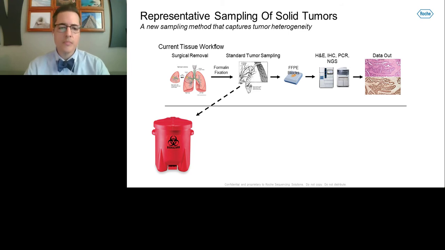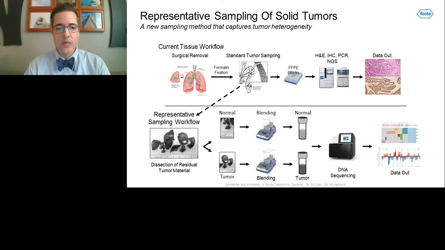A really important point here is that the samples that we are homogenizing consist of the residual tumor tissue that is not incorporated into FFPE blocks. We are not using FFPE blocks. We are using the stuff that gets put into the trash, and today is almost universally incinerated, with the notable exception of these samples being biobanked by a number of different companies and institutions.